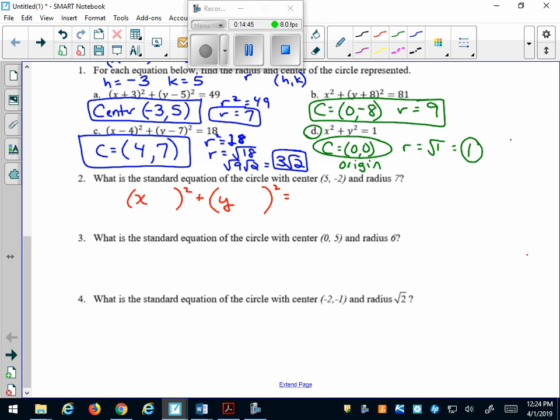So if the center is 5, 2, that's our hk, this is going to be x minus 5 and y plus 2. See, it's like switch the signs. Radius is 7, so this number here should be 49. That's it. That is the way you write your answer. You don't change anything. You don't have to multiply anything, simplify anything. That is just the way you write it. Okay? Okay, so you guys try 3 and 4.